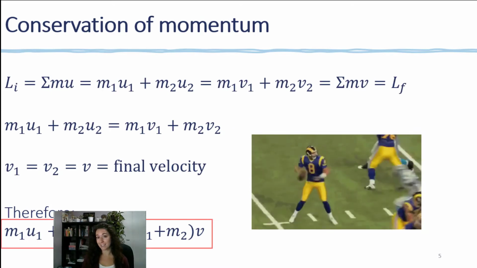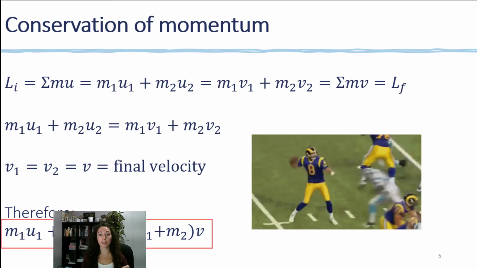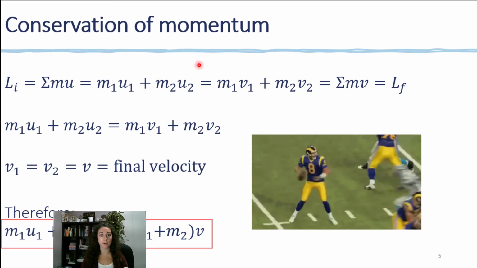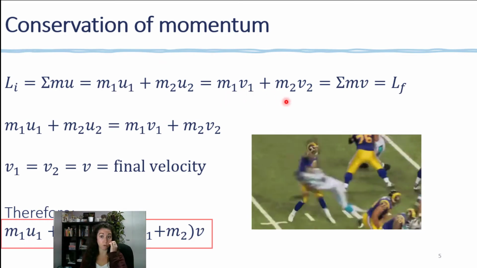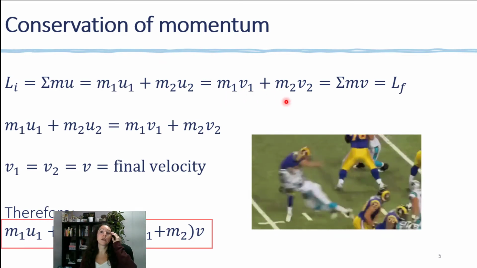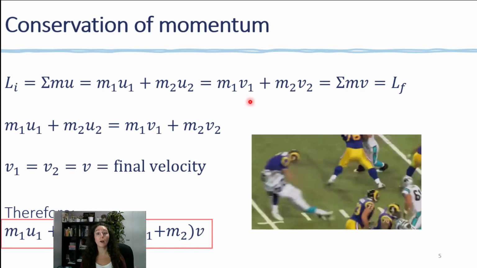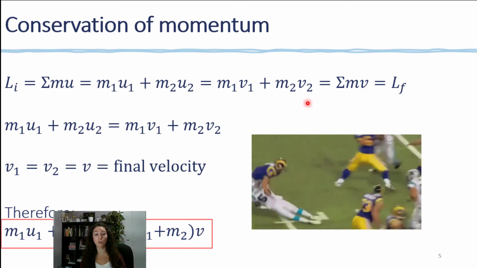For an inelastic collision, we still start with this general conservation of momentum equation for both the colliding objects. So remember, 1 and 2 just shows you two different objects. But we know that in an inelastic collision, the post-collision velocity of object 1 will be the same as the post-collision velocity of object 2.